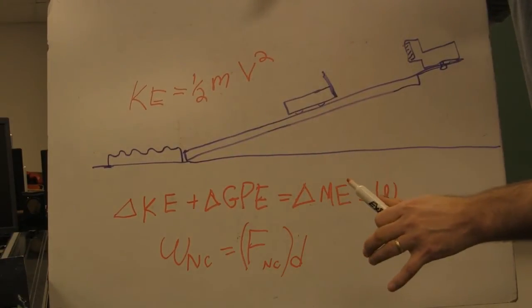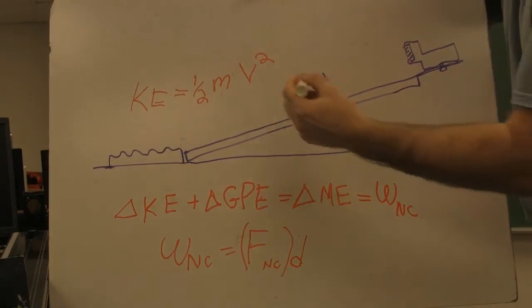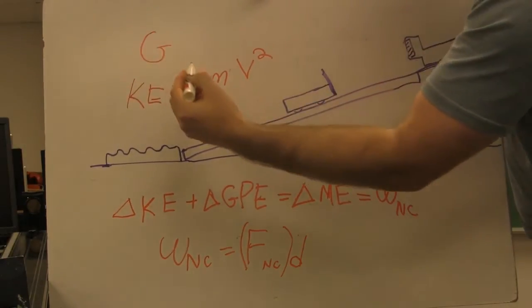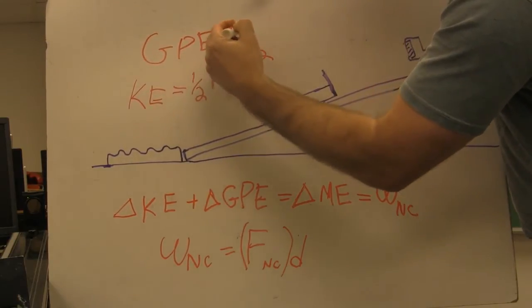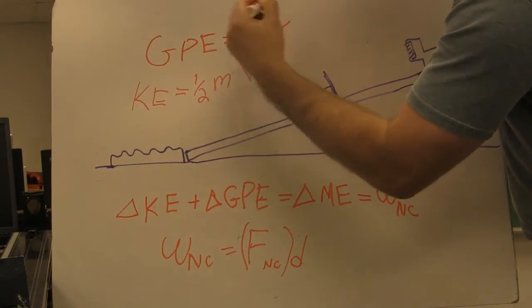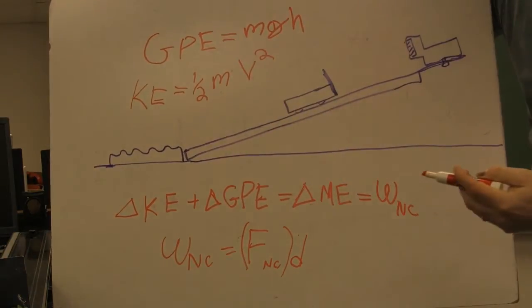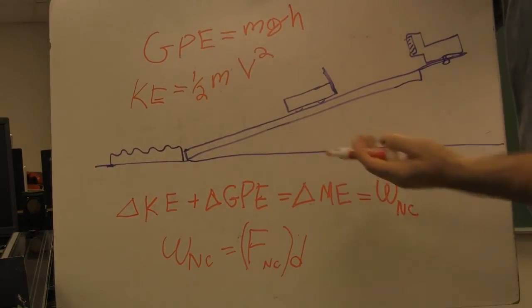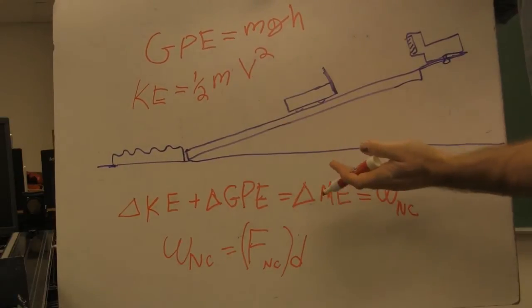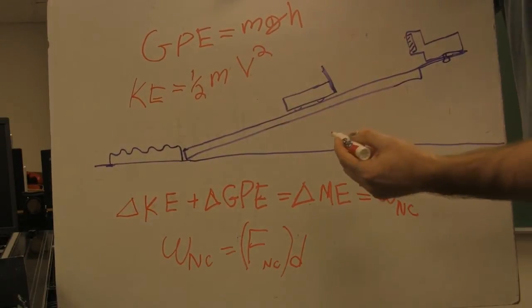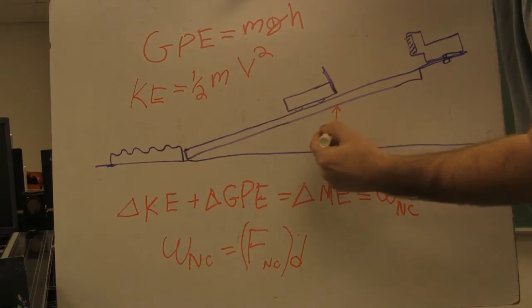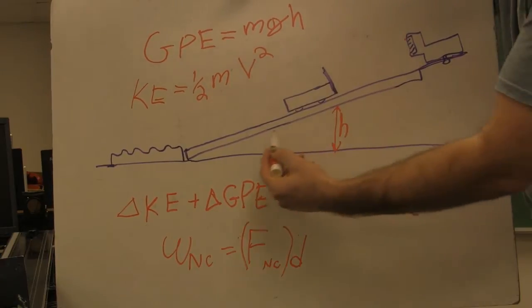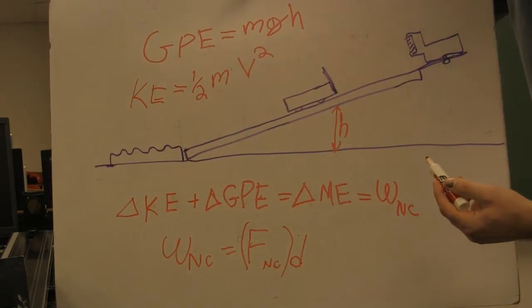square of the velocity. Now gravitational potential energy, we'll call that GPE, is equal to the mass of the cart times g times h, the height of the cart off of the table or off of some predetermined point. Now that height, and I'll show you here, this height is decreasing as the cart goes down the track.